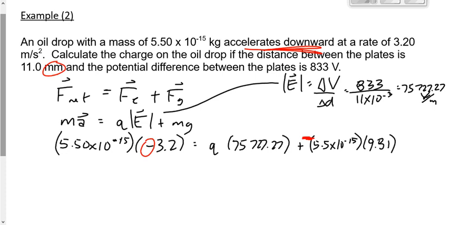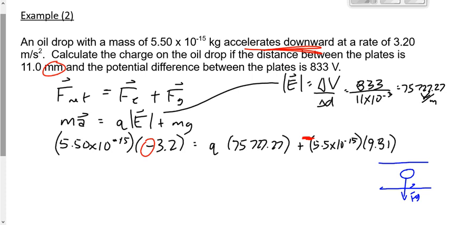Draw a picture. Here's the charge. Gravity acts down. It's accelerating downward at 3.2. If it was just gravity, what would the rate of acceleration be downward? 9.81.